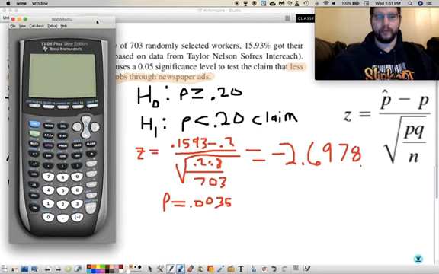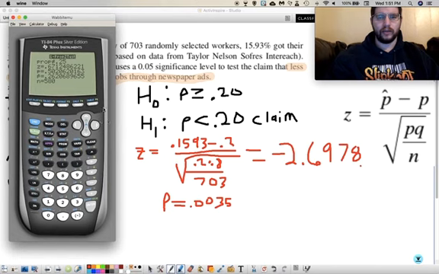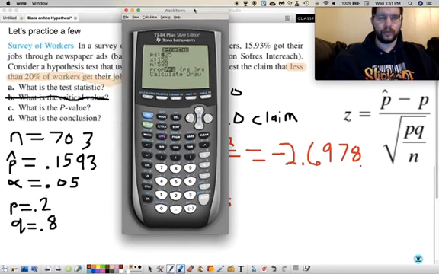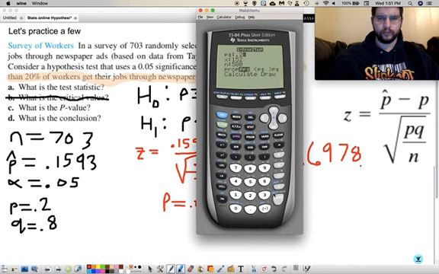Let's look at the TI for a minute. Compare that result to the TI. P was 0.2. X, whatever 703 times 0.1593 gives us, so we're going to have to round it to 112. 703 for N. And it's a left tail.